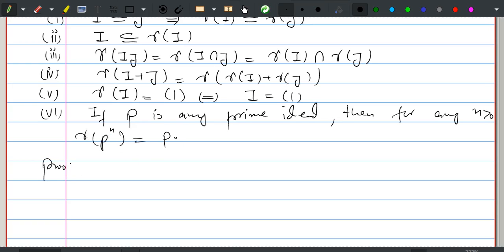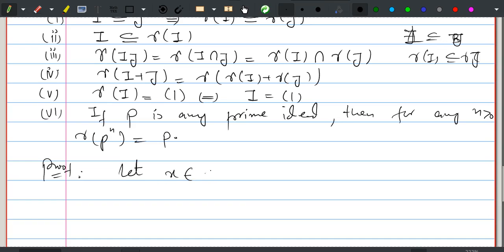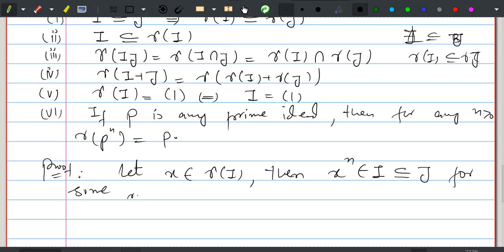Now let us prove these exercises. So first we have to prove that if I is contained in J, then the radical of I is contained in the radical of J. So let x belong to the radical of I, then x to the power n is in I, where I is contained in J, for some positive n.